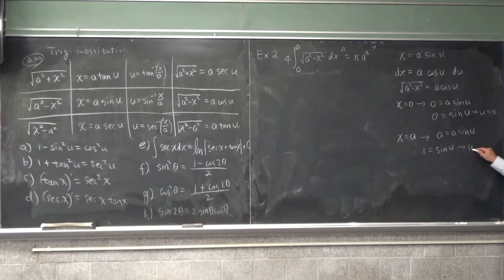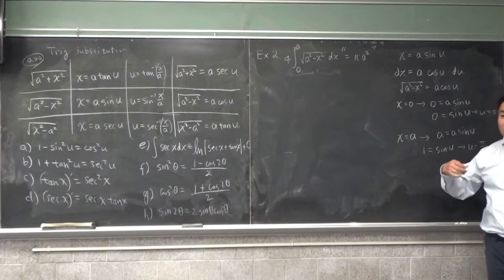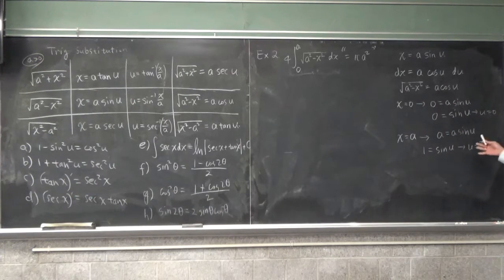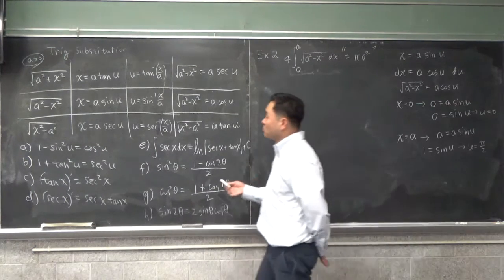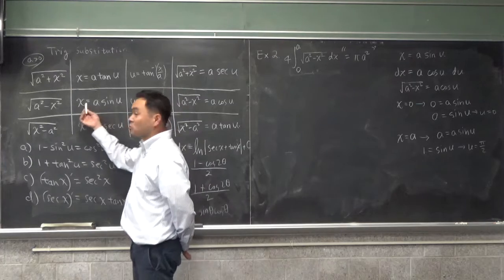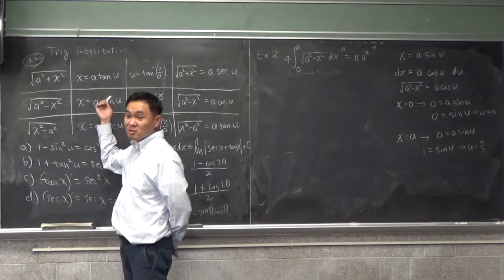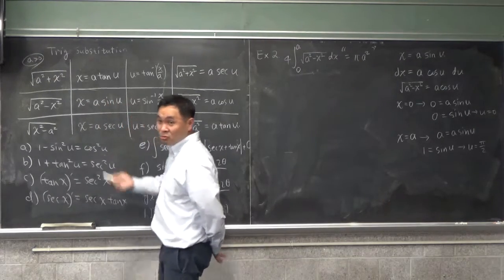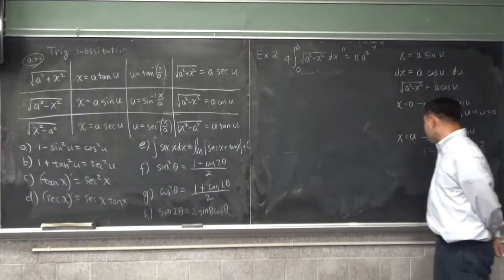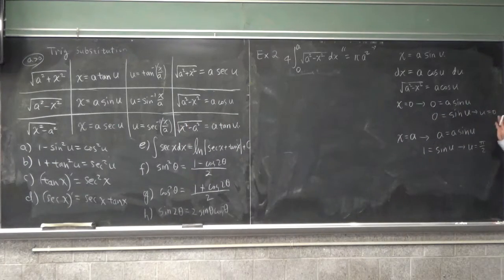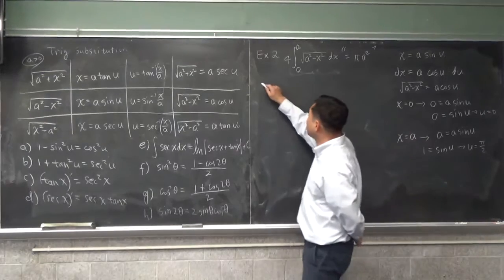So we know that u must be pi over 2. Now, sine is a periodic function, so you actually get many different values satisfying these, but as I explained before, you're really limiting your u to be between negative 90 degrees and positive 90 degrees for this inverse function to be defined. So these are the values that will replace the bounds.